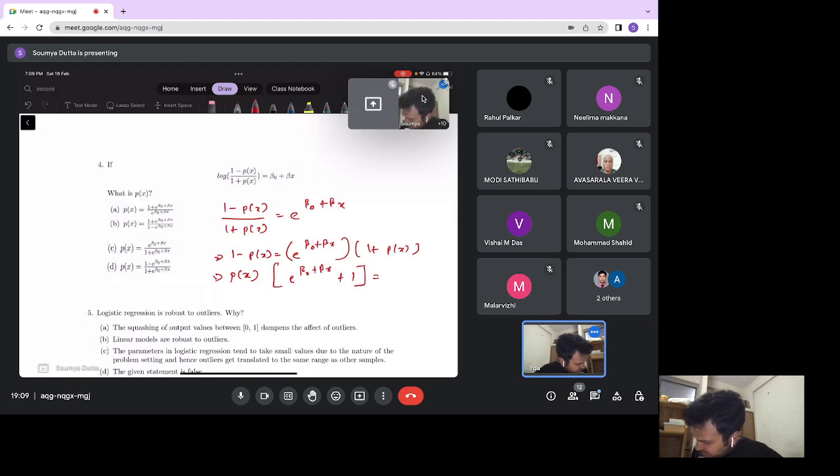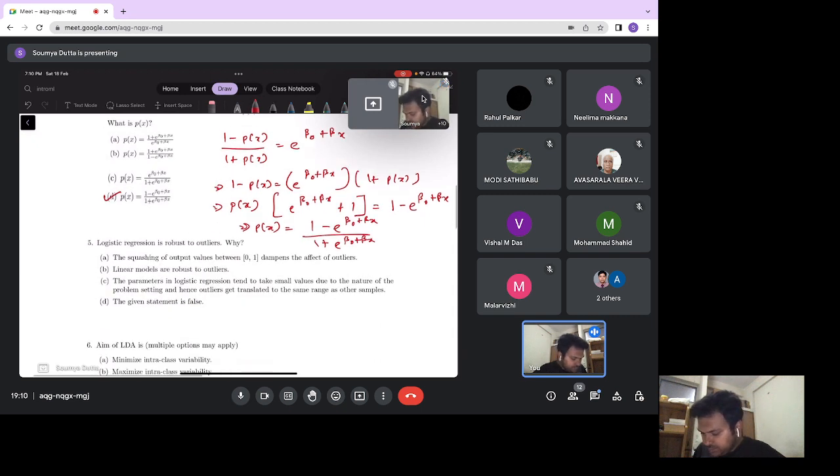And on the other side, it will be 1 minus e to the power of beta 0 plus beta x. Therefore px equal to 1 minus e to the power of beta 0 plus beta x by 1 plus e to the power of beta 0 plus beta x. And that is this particular option. Option D is the correct one. I hope this is clear.